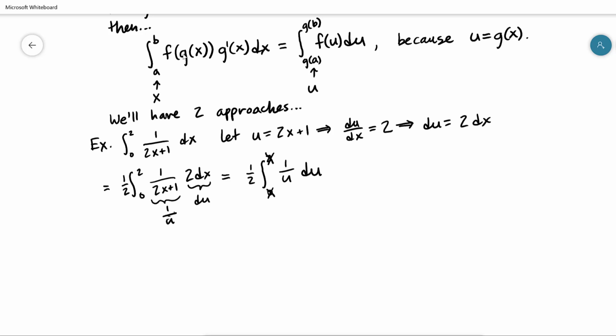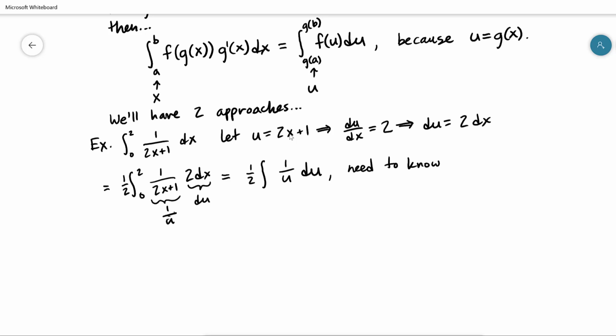So I need to replace each of these two numbers with our substitution, basically. I need to plug into our substitution and figure out what u looks like when x is equal to 0 for the lower bound.